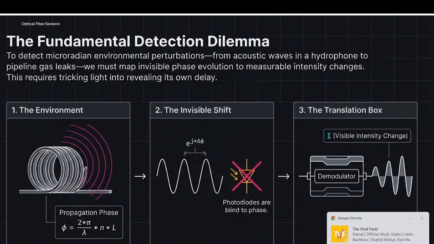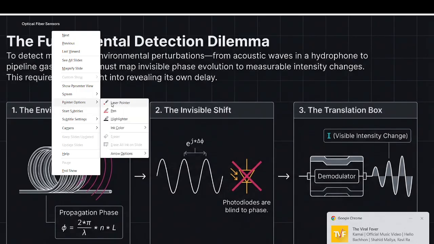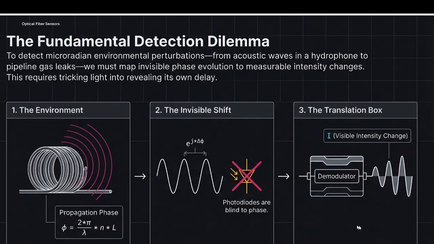In the first figure, you can see that the propagation phase phi is equal to 2 pi by lambda times nL, that is, 2 pi nL divided by lambda. While talking about the invisible shift, the photodiode is blind to this kind of phase shifting, and the translation box where the visible intensity changes depends on the demodulator.